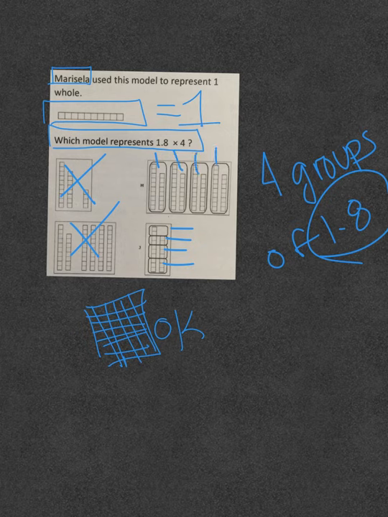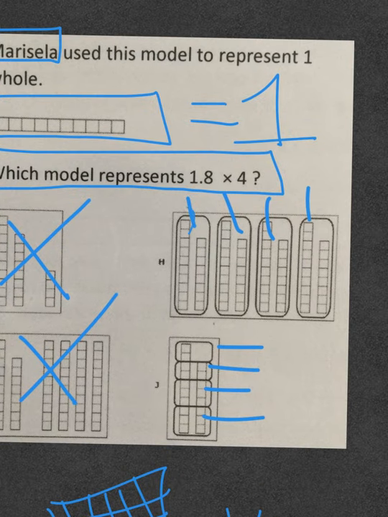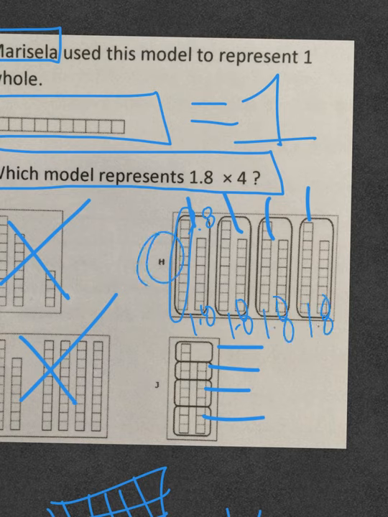And if I'm going by Maricela's model, let's make this bigger, then this is a whole, and this is 8/10. So then this model does represent 1 and 8/10. 4 groups of 1 and 8/10. So my answer would be H. Good job, guys.